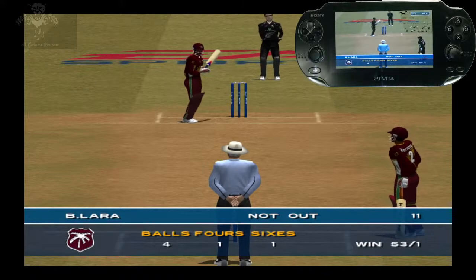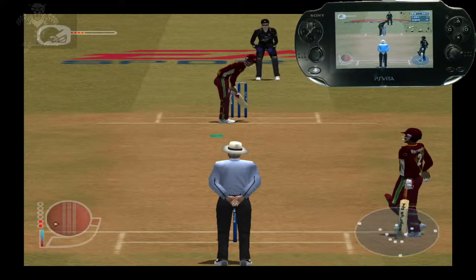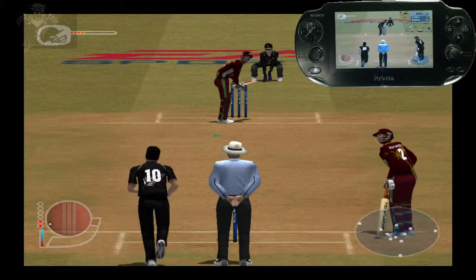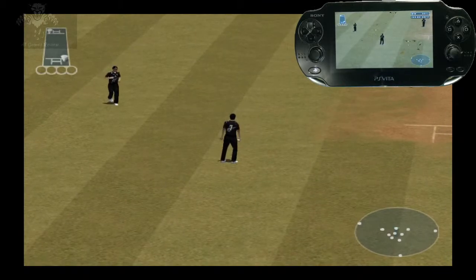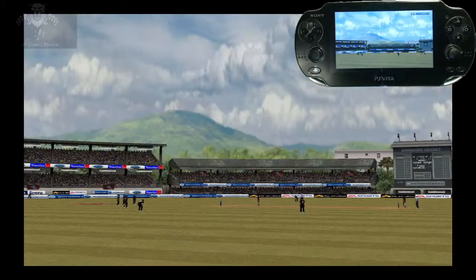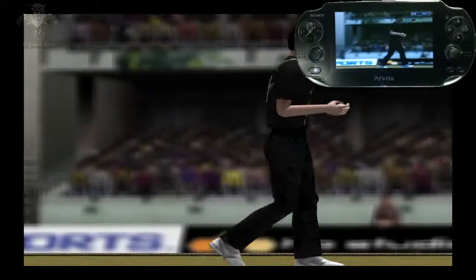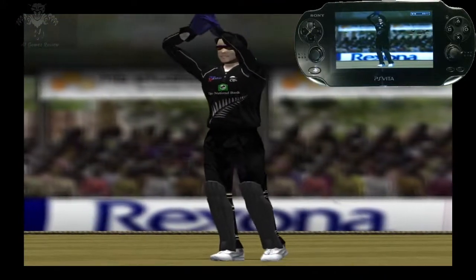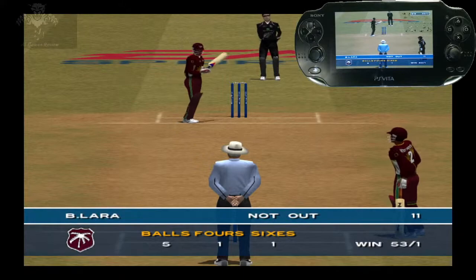Lara facing. Stopped by Oram. Tuffy to Lara.